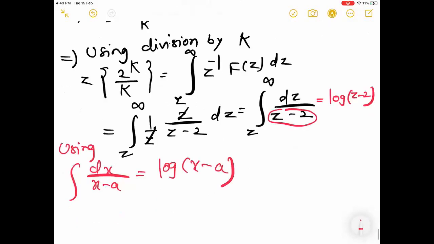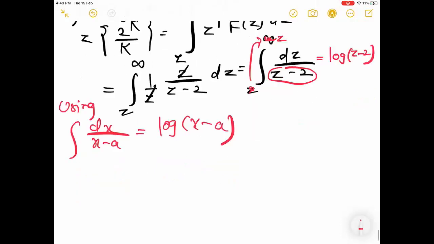Then we have to put the limits, right? But here we take the limits up to z only, so don't put infinity as such. You can write the integral limits directly up to z, not z to infinity, because of the causal sequence, k greater than or equal to 0, which is given. So just get the answer in terms of log of z minus 2.